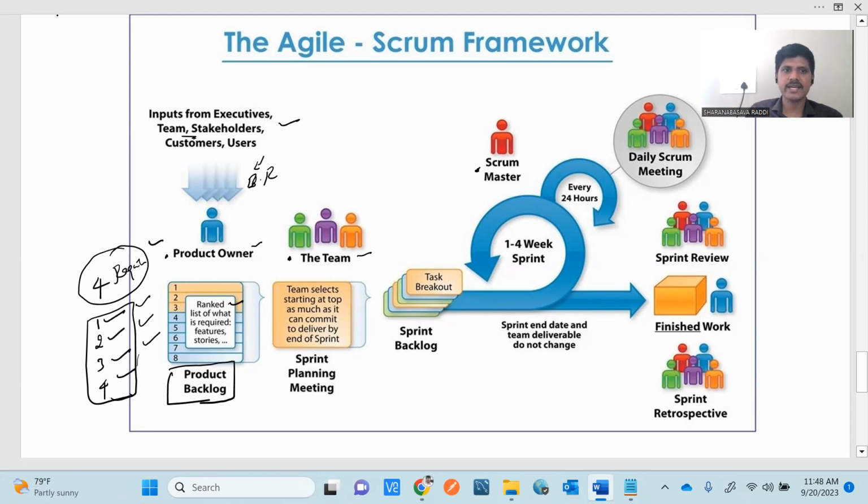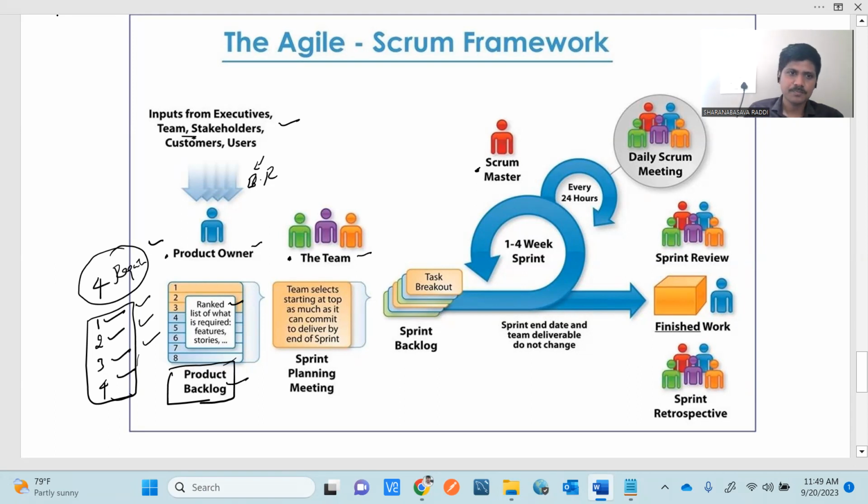So that he decides the priority or rank, which one is first and which one is next. So he makes that arrangement and he creates a document. That arranged requirement document is nothing but a product backlog.